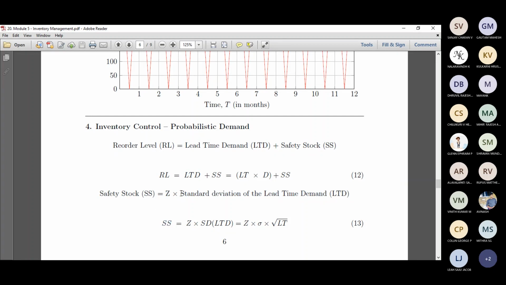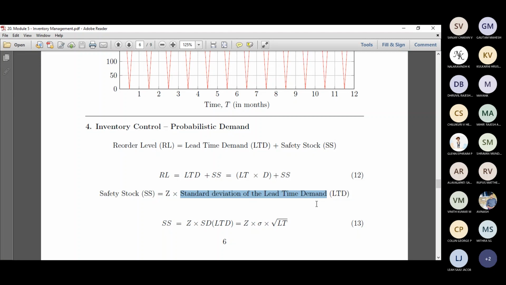Which means that this gives a clear picture of our lead time demand. Based on our lead time demand and its standard deviation, we see how far it varies. Once you learn the standard deviation of different lead time demand, you probably know the highest to the lowest and how far each individual point of LTD varies from there.